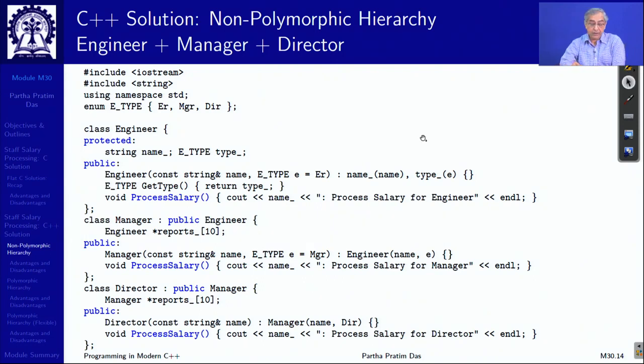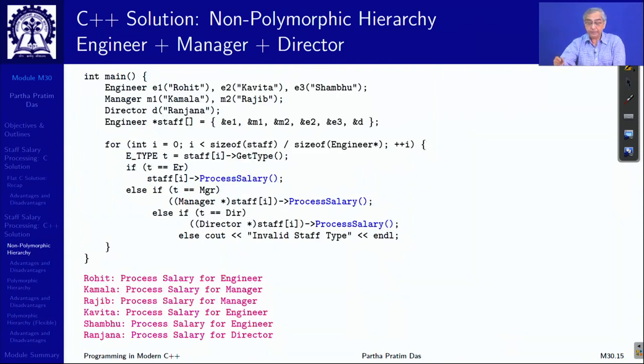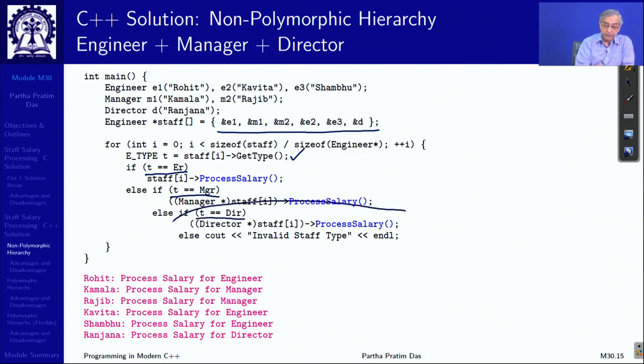Let us look at the situation in the main function. In the main function, we still collect all these employees in an array of pointers, do everything else in the same way, and we have a type switch. Now, I have to add this part. If T is director, then now the cast will be again another downcast.